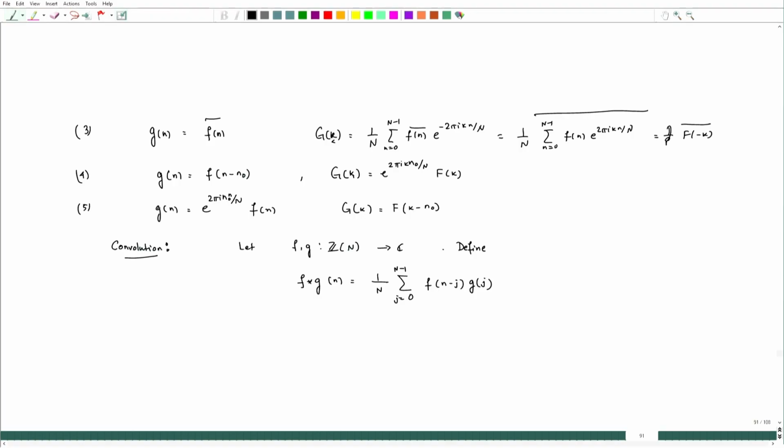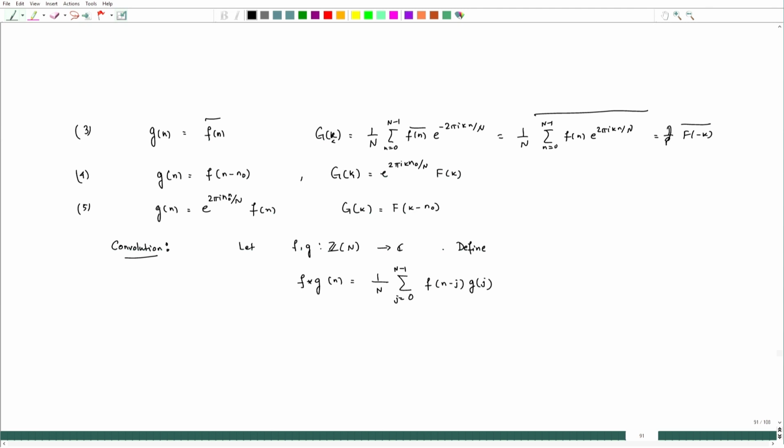Suppose 0 is going to be the same as N, 2N, 3N, 4N, 5N, 6N, minus N, and so on. 1 would be N plus 1, and then 2N plus 1, 3N plus 1, like this. Therefore, there is absolutely no ambiguity in defining f of n minus j.